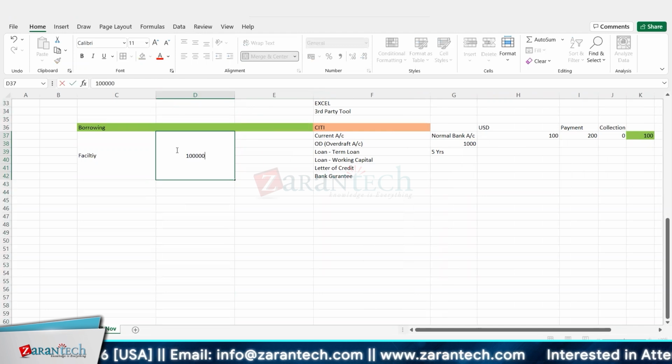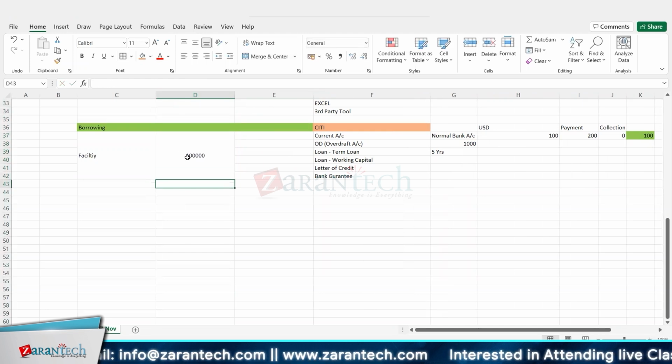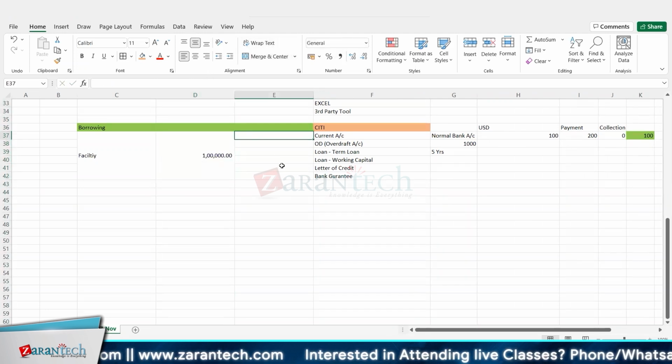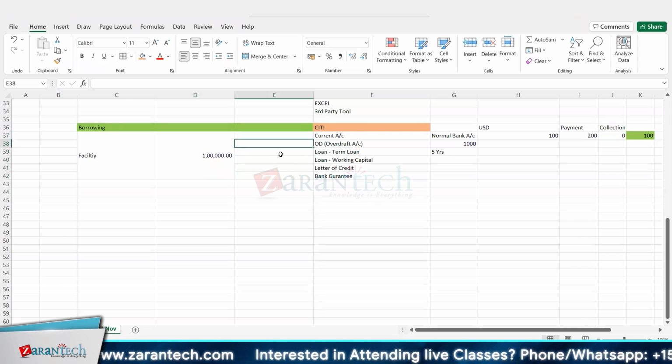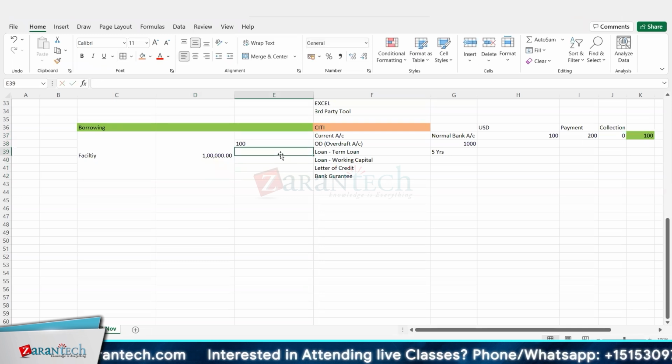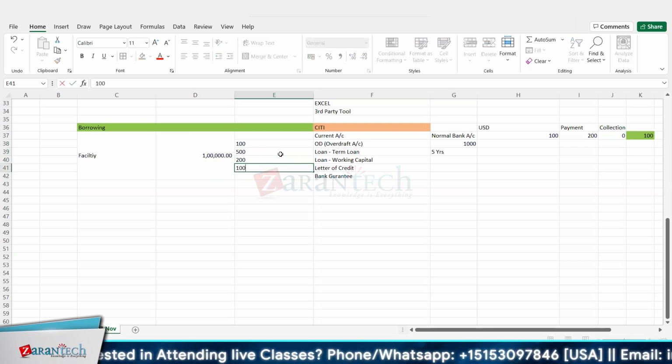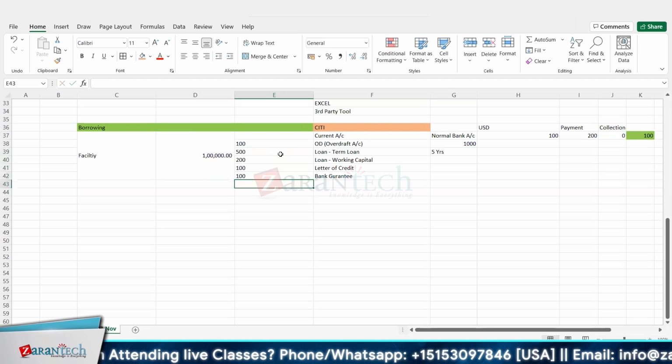Suppose they say they will give an overall facility of 100,000 USD. Then they would say, in the OD I will give you 100, term loan 500, working capital 200, letter of credit 100, and bank guarantee 100.